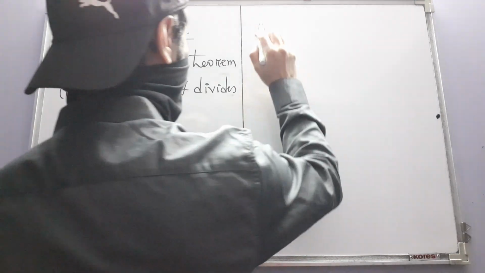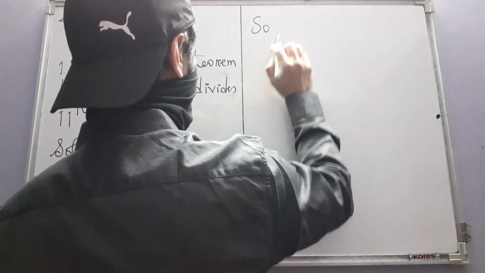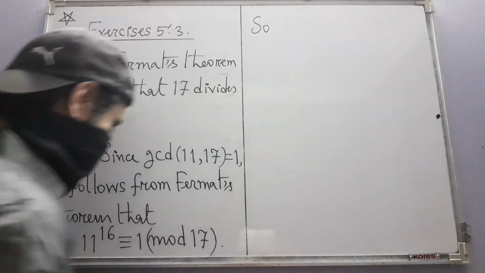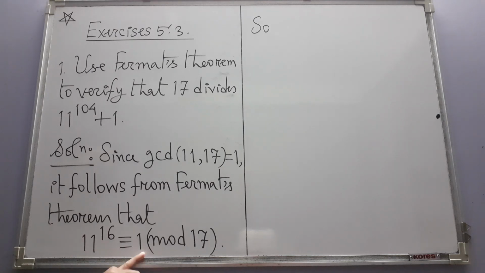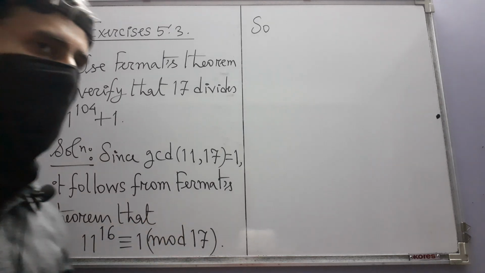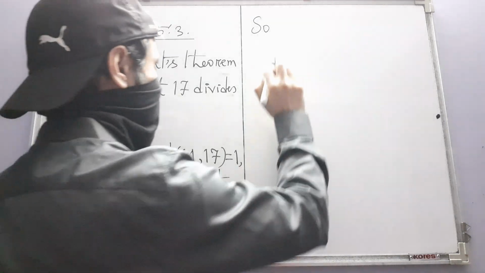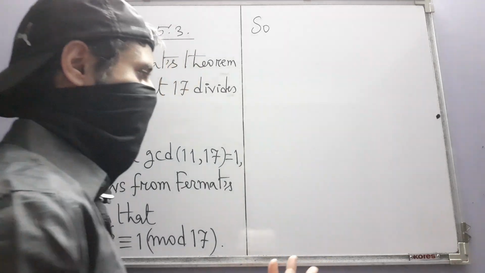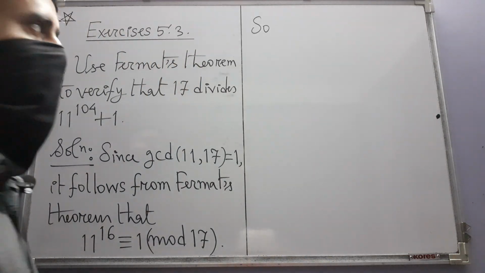So now what we do, we raise both sides of this congruence to the 6th power. This we can do because it's one of the things we can do to a congruence.